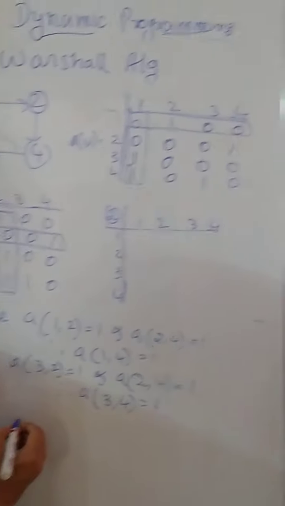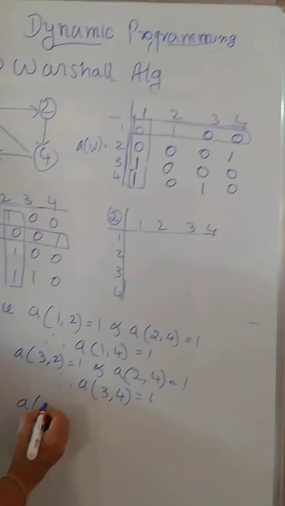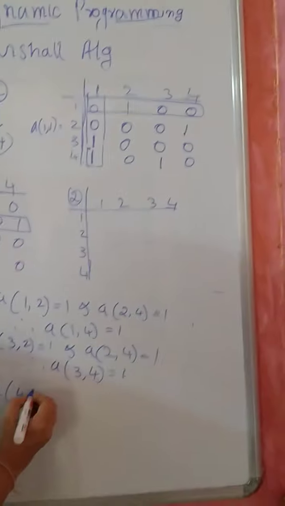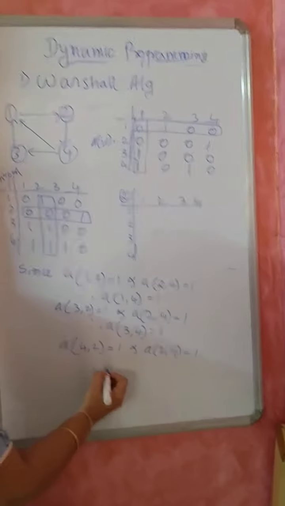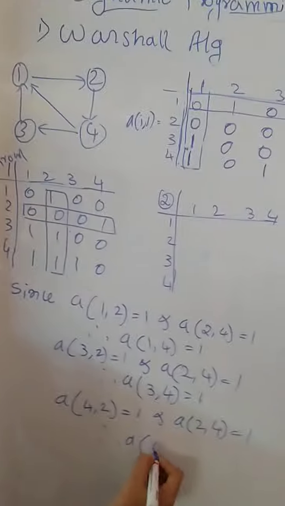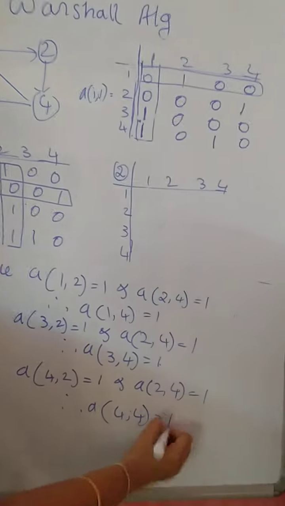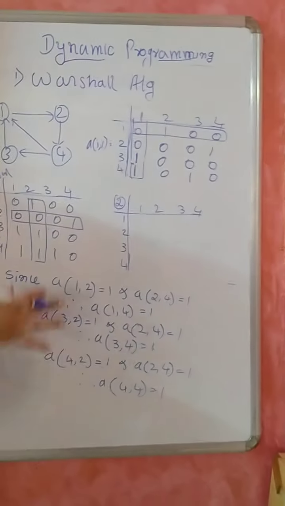This one means there is a path from 4 to 2 equal to 1 and A of 2 to 4 is equal to 1. Therefore A of 4 to 4 is equal to 1. No more ones are there, you can stop.